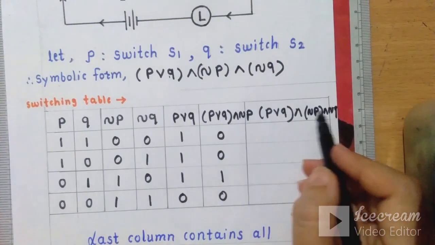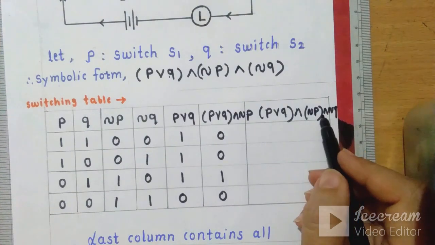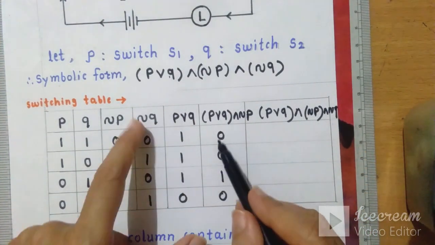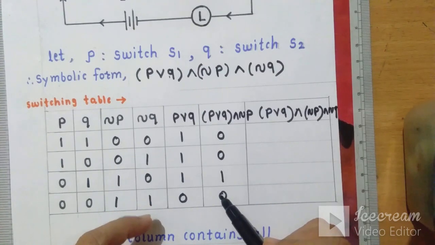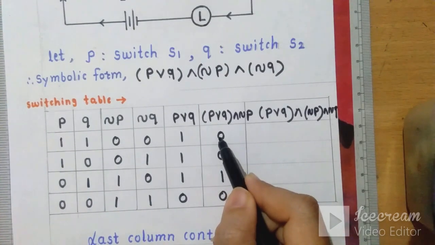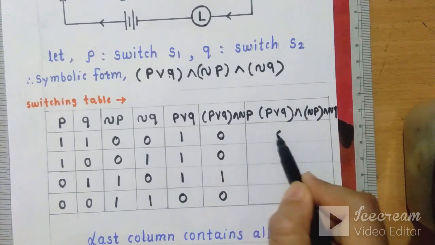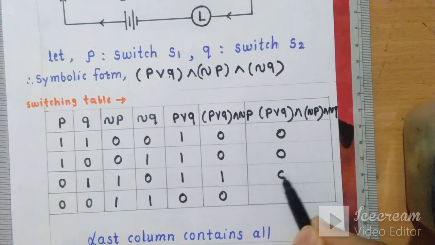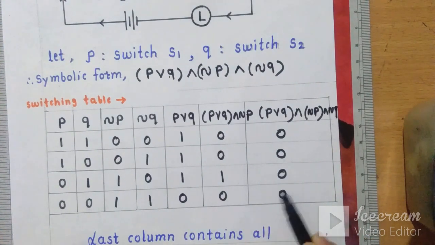And last one again conjunction with negation Q means this column and negation Q, between this column conjunction. Again rule of conjunction is if both are 1 then only 1. So with 0 0 means 0, 1 0 is also 0, 0 1 is also 0, last also 0.